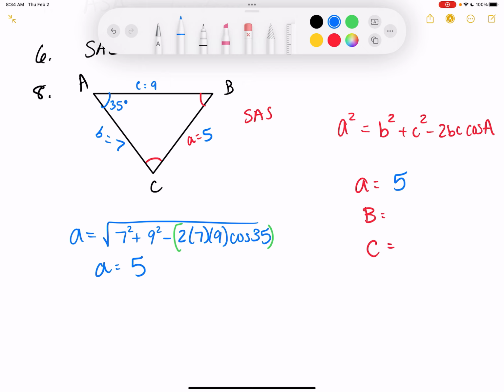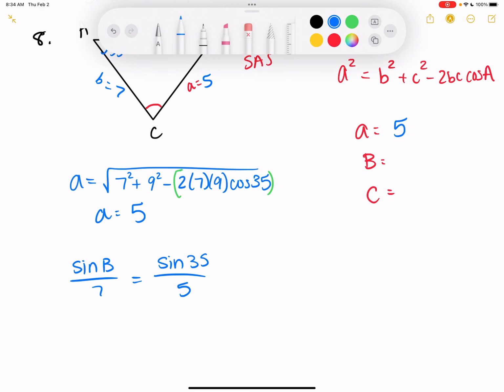I'll do B next. So sine of B, that's what I'm solving for, over 7 is equal to sine of 35 over 5. So I'm going to go ahead and do this in one step. So B is equal to the arc sine of 7 sine of 35 over 5. 53 degrees.